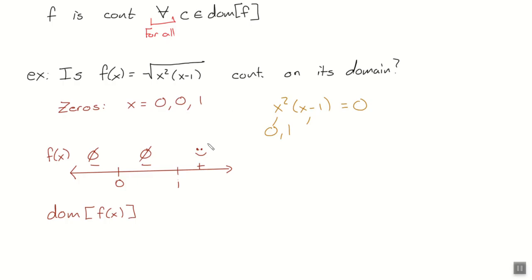Okay, I'm going to give you a domain in 2 different ways, and we'll see which one we like. I like set builder. The domain of this is the set of all x such that either x is equal to 0, that's okay, or x is greater than or equal to what number? 1.